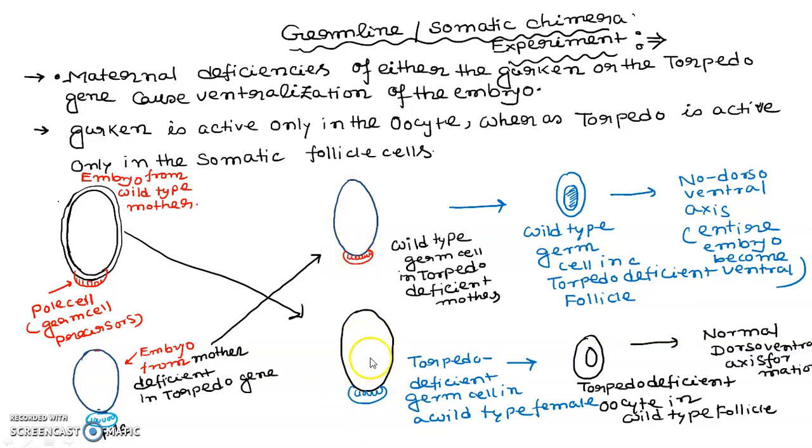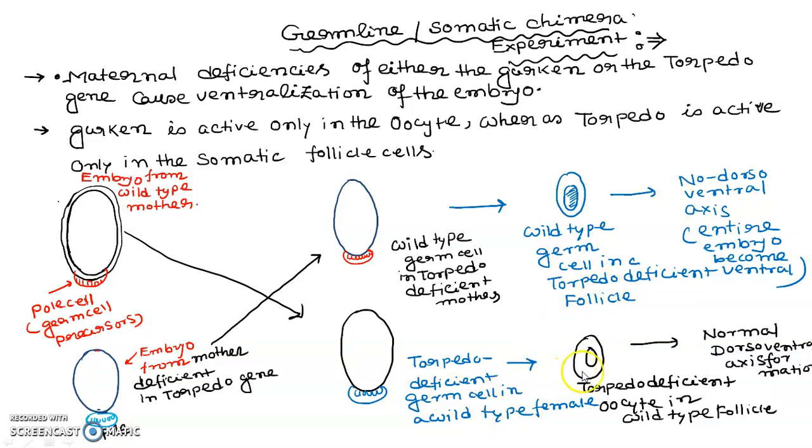Now here these are embryos from a wild type mother but with pole cells deficient in the Torpedo gene, Torpedo deficient germline cells in a wild type female. Now here you can see that wild type germ cells in Torpedo deficient follicles lead to no dorsoventral axis, or the entire embryo becomes ventralized.